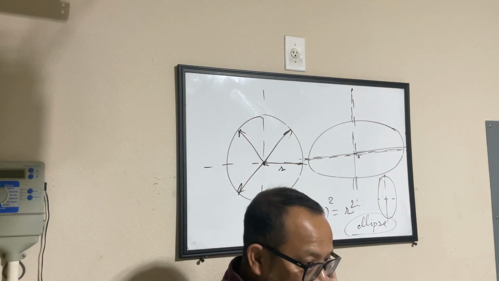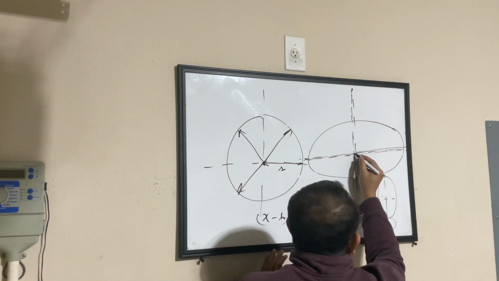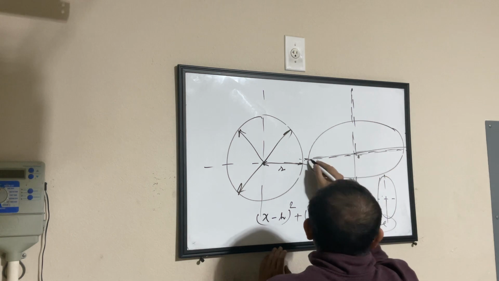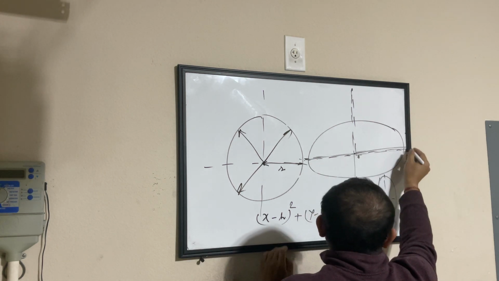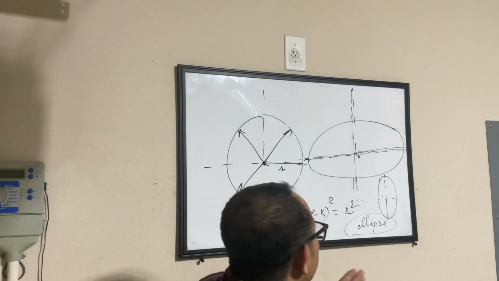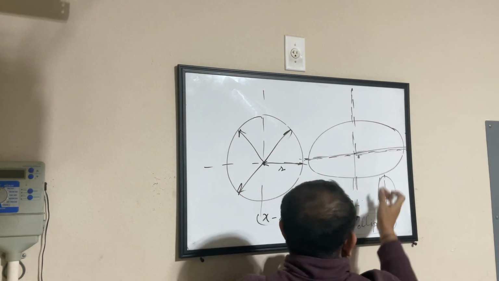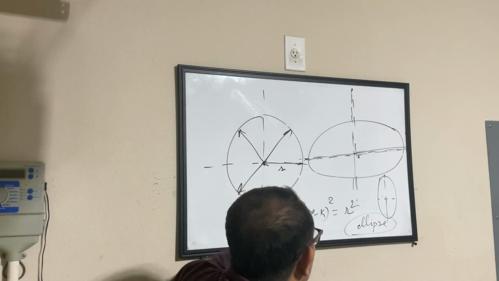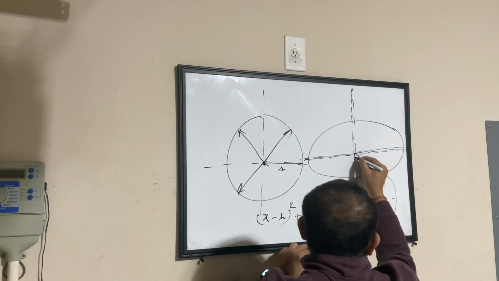So accordingly, this is called the major axis, or you can call this the major radius. It's given a name.